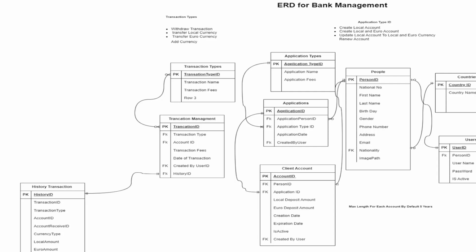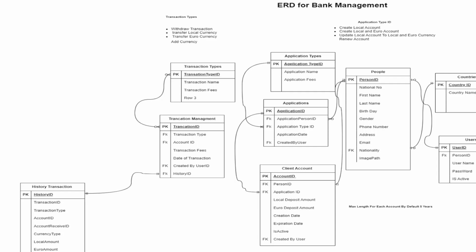So in history transaction, we will know the account ID that performed this transaction, and we know the account receiver ID and the currency type, whether it is local or euro, and how much amount we do for this transaction, local amount or euro amount.